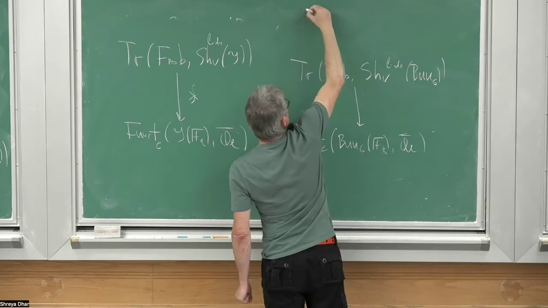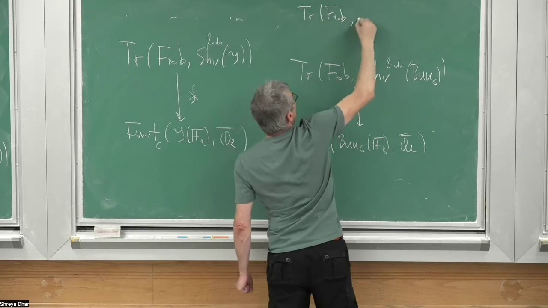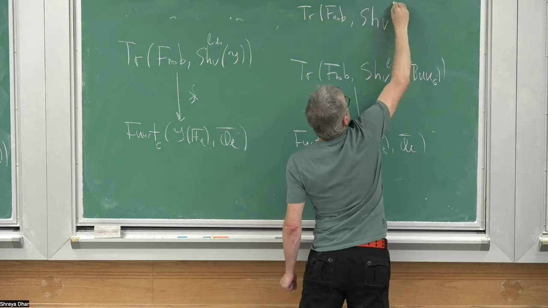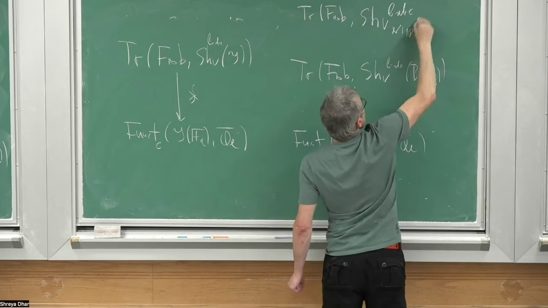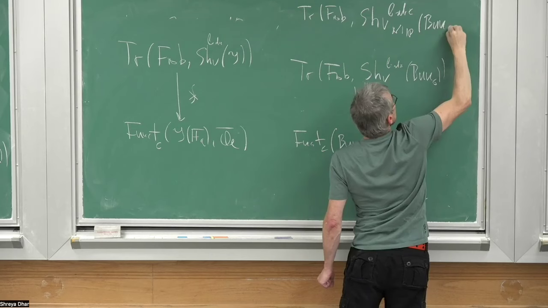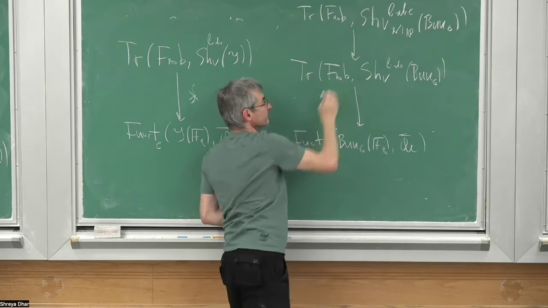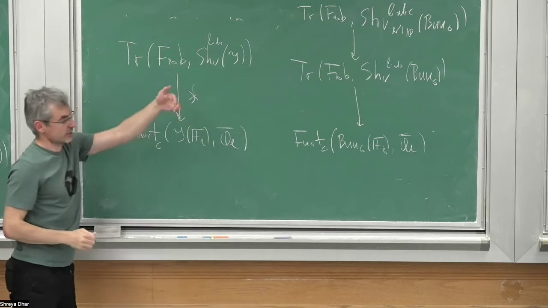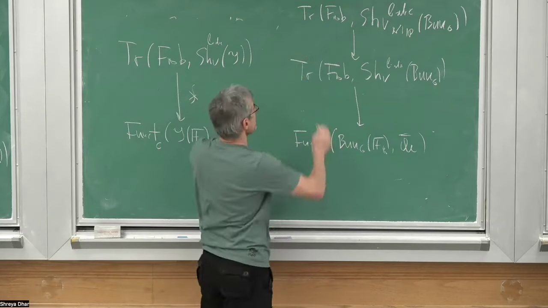We can consider the trace of the Frobenius not on all sheaves, but specifically on our weird subcategory of sheaves with nilpotent singular support. So there is this inclusion functor, and it induces a functor between the traces of Frobenius, and we can consider this composite.